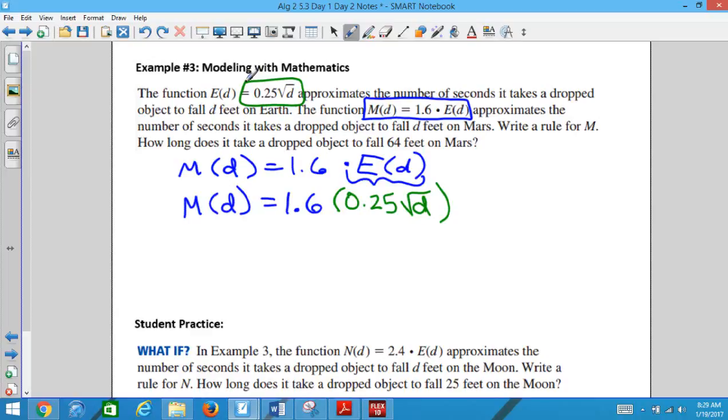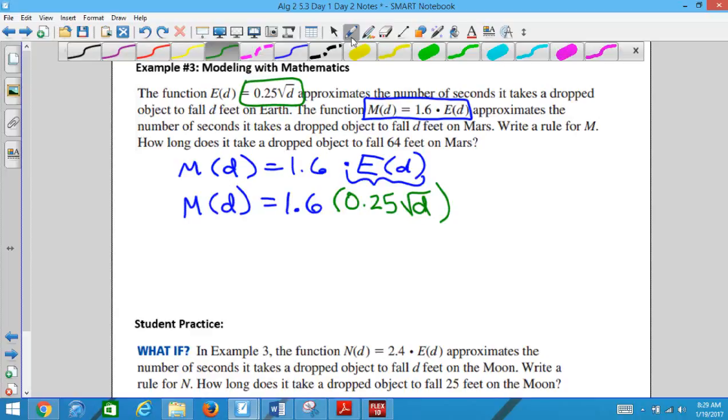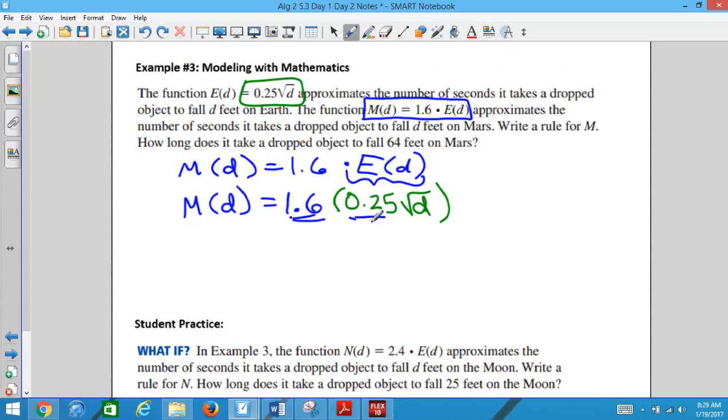Then how can I simplify that? Well, we're not going to do distributing unless it is over addition or subtraction, and there's no addition or subtraction. So all I need to do is multiply together the numbers that are on the outside of that square root. I cannot put the 1.6 under the square root.